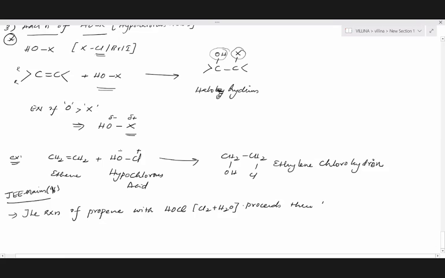Sorry, the double bond is not there, my mistake. Out of practice, I drew the double bond. So ethylene chlorohydrin: the double bond will be broken, whereas the OH group and chlorine will be added to the molecule, giving us ethylene chlorohydrin.